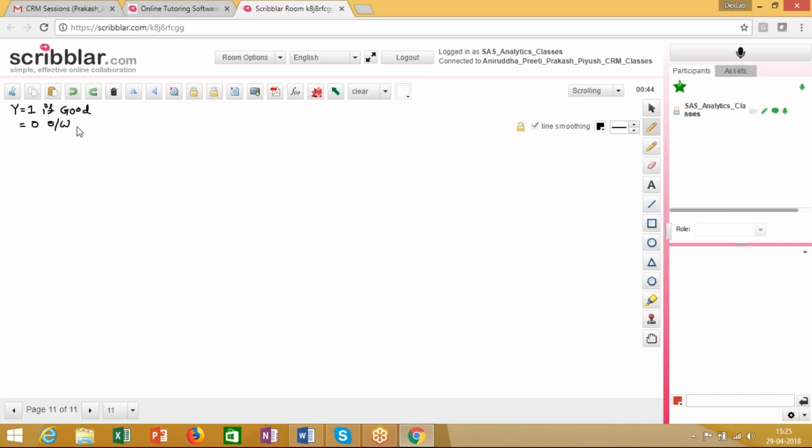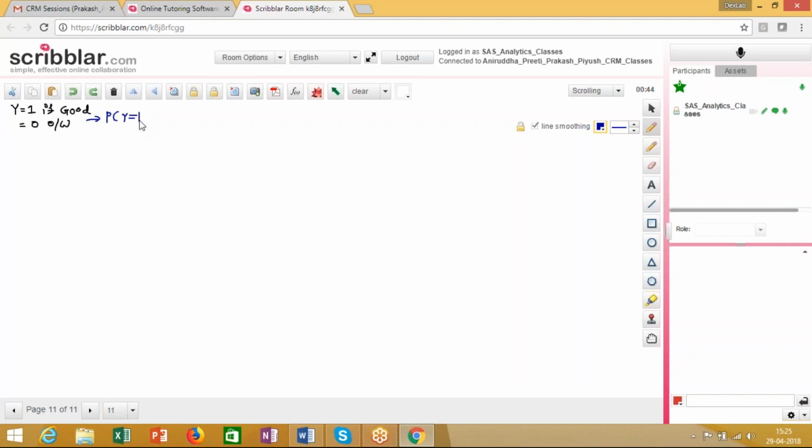Now having said this dependent variable, the next thing that we need to do is, as managers, what do I need to do? I need to estimate the probability of y equals 1, the chance that the borrower is a good borrower.